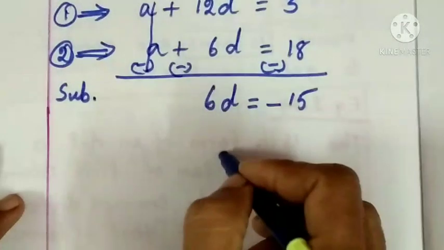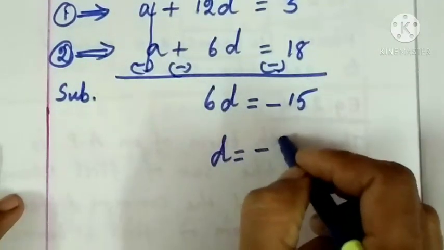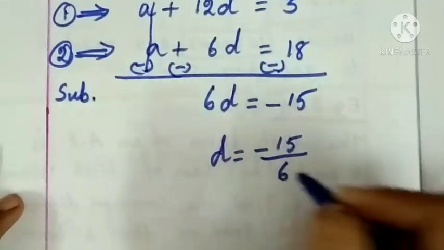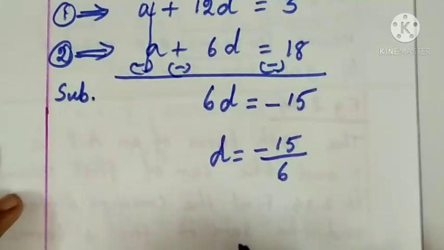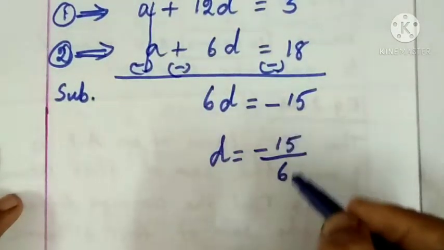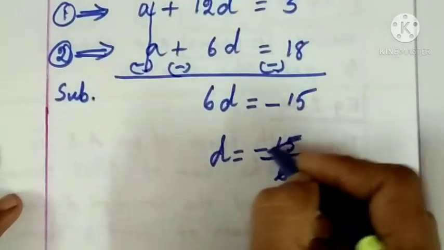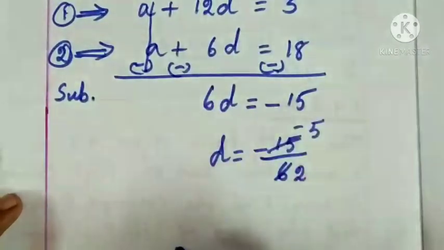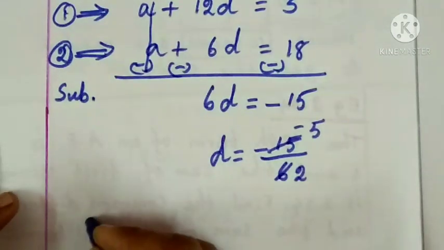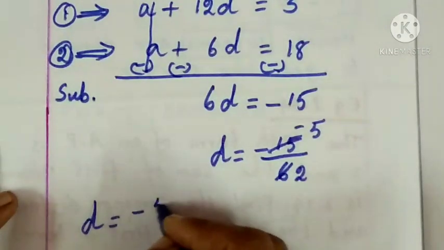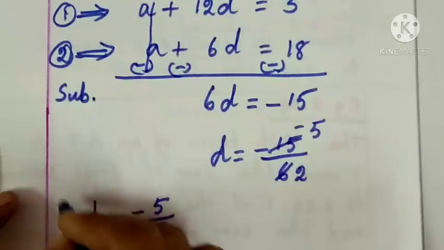Therefore, the value of d is equal to minus 15 by 6. Now you have to cancel this by 3 table, that is 2 3s are 6, 5 3s are 15. Therefore, the value of d is equal to minus 5 by 2.